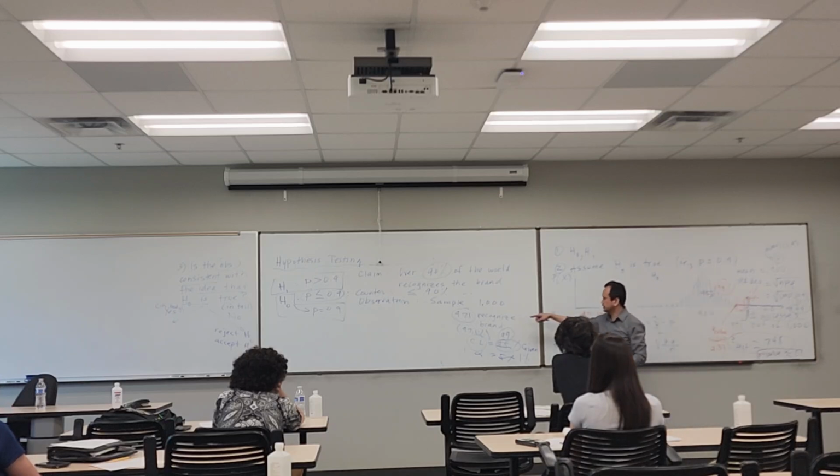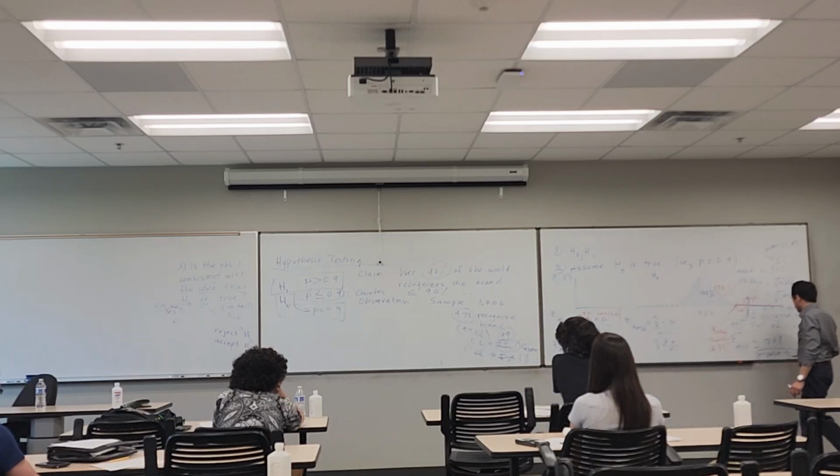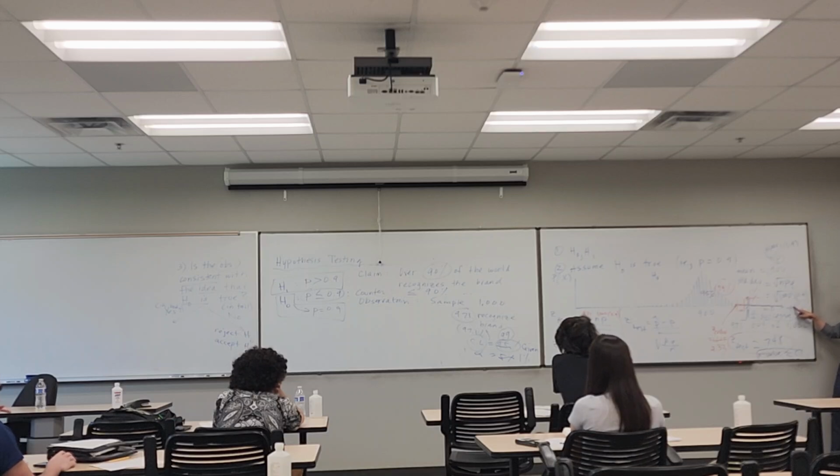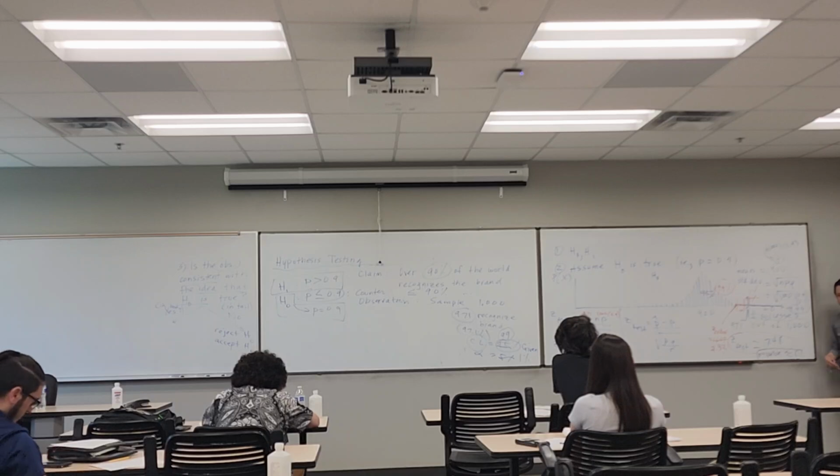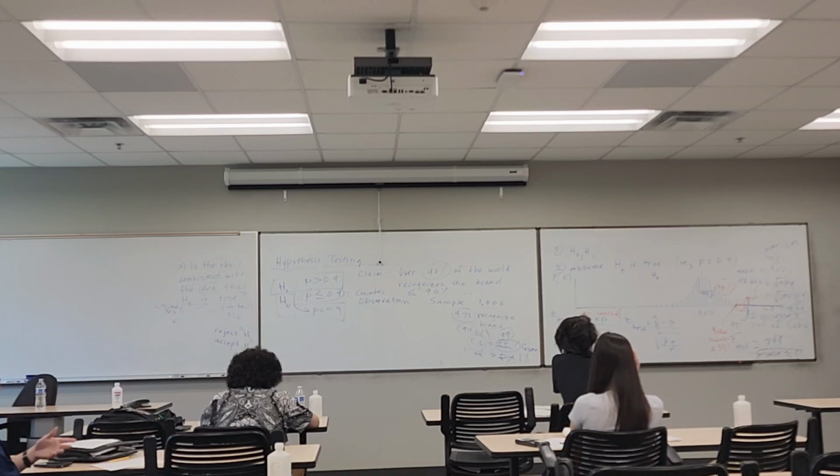And we have this observation of 971 that ends up having a p-value of virtually 0, which means it's very far right, and it's definitely in the tails. So what do you think this p-value of virtually 0 means? If somebody reported that p-value, what does that mean? It's nearly certain that the null hypothesis is false.